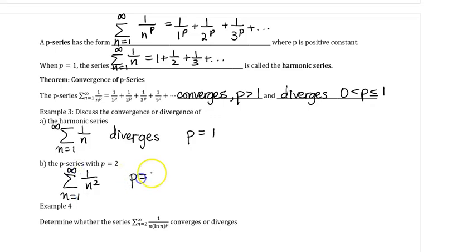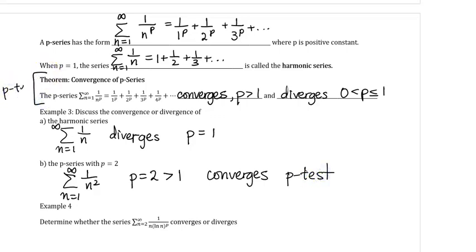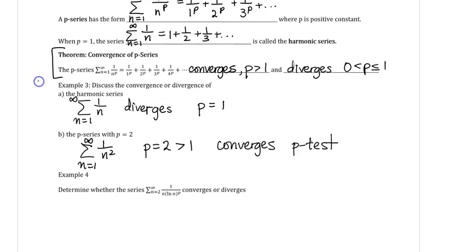In that case, p is 2, which is greater than 1. So this converges by the p-test. This theorem here is the p-test. Rather, I'll call it the p-series test.